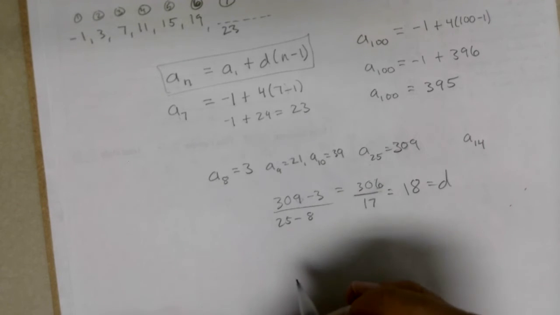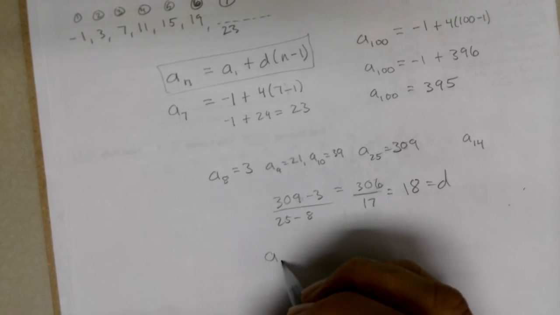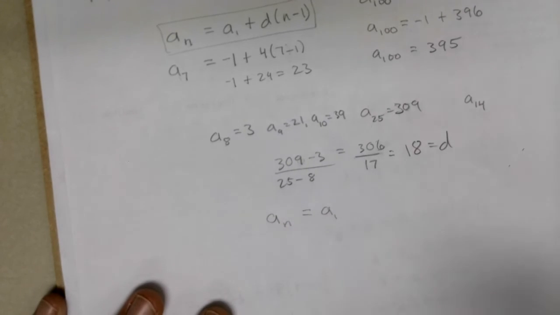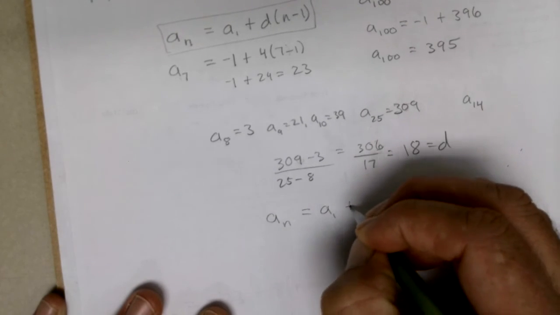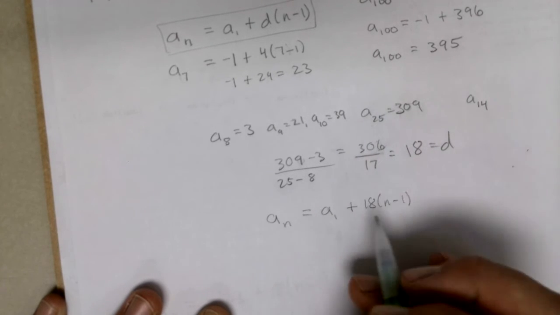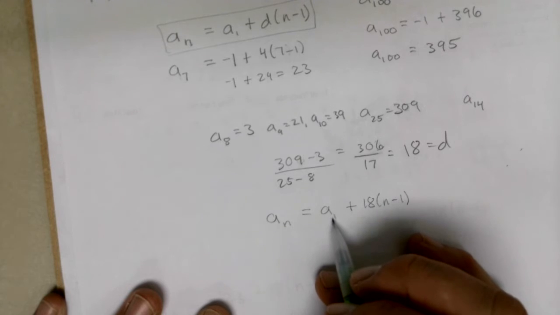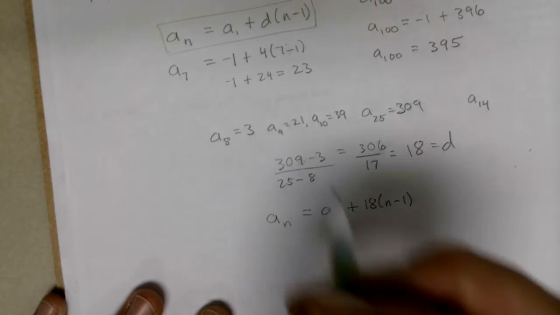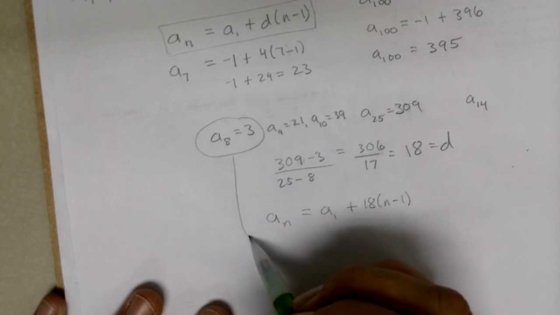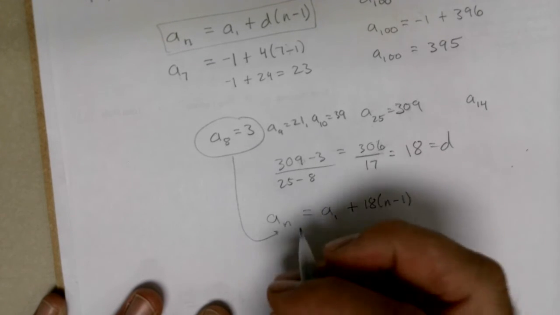So what that tells us, if we set up a sub n is equal to a sub 1 plus the difference, which is 18, times n minus 1, we have everything we need except we don't have a sub 1. Well, we can find a sub 1 by simply using this data. So a sub 8 is equal to 3.